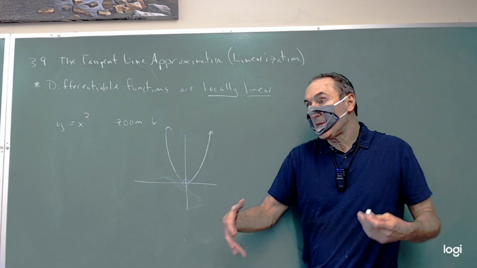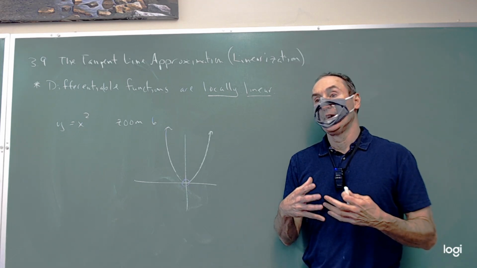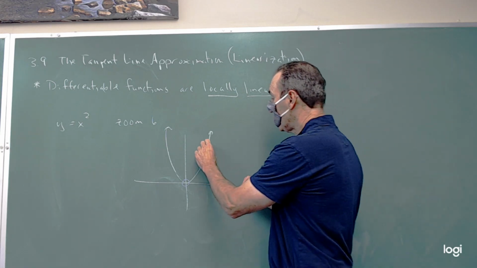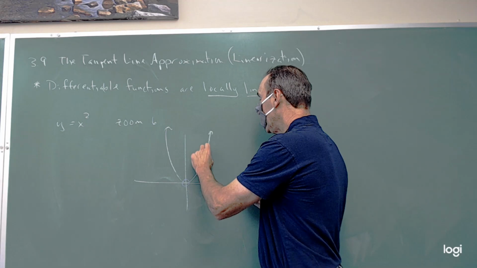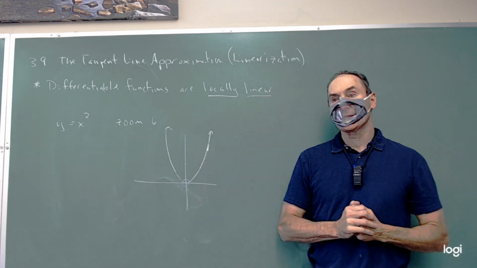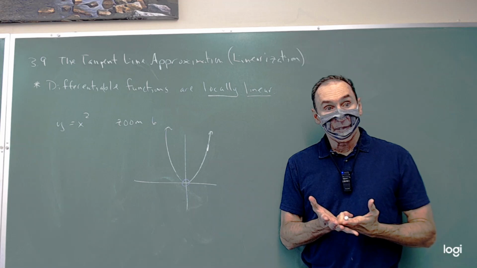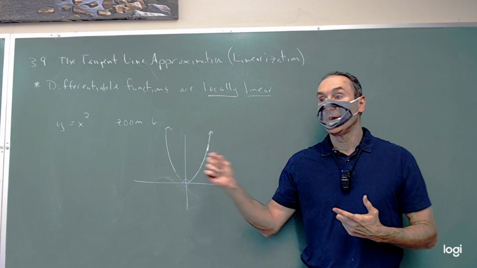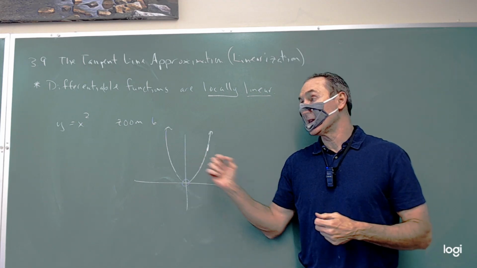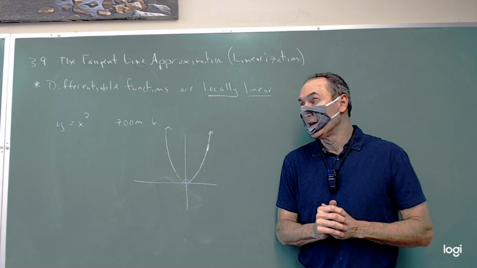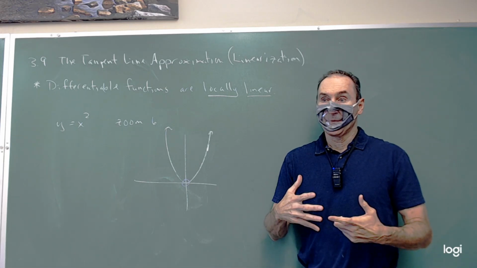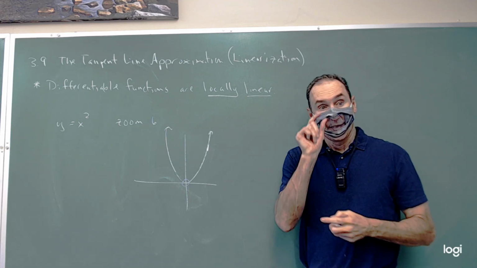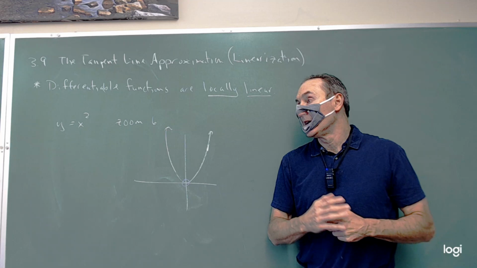And so the idea behind a locally linear function, that is a differentiable function being locally linear, is that it would be a reasonable thing to approximate the function itself with a straight line, as long as you don't go very far away from the point of tangency, because that's going to be the tangent line that we use to approximate it. A tangent line is a reasonable approximation to the actual function if you don't go very far away from the point of tangency.